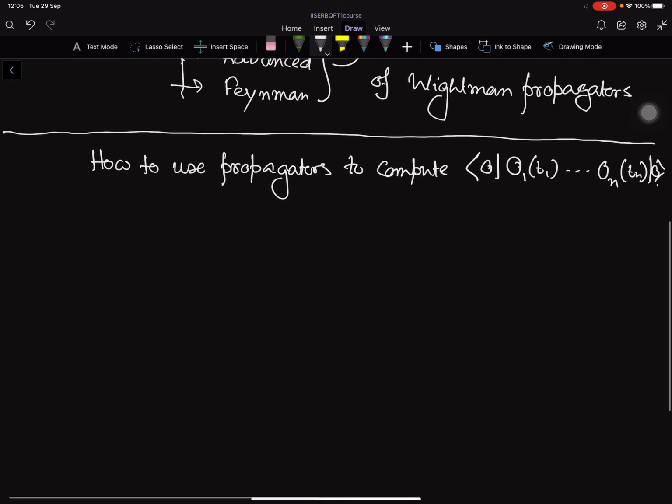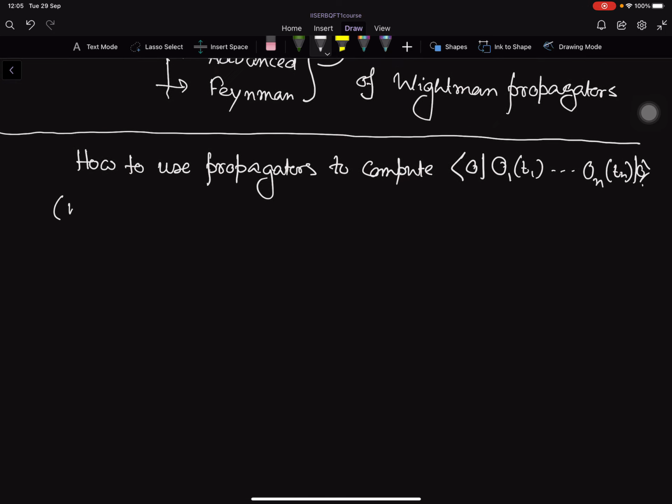Okay, and this connection is usually known as Wick's theorem. And we will discuss how.